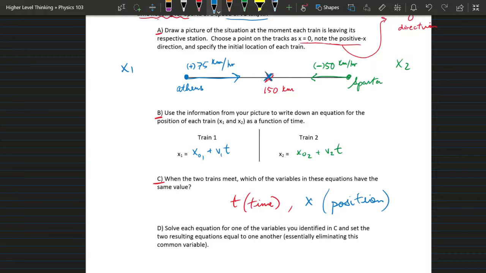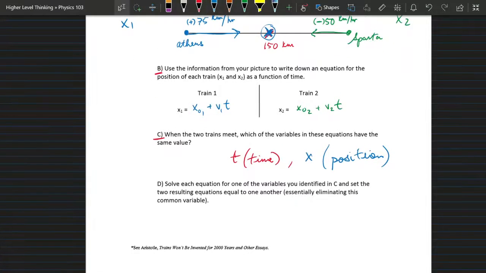So let's say that this is the crossing point for both of these trains. This is the same position along this x-coordinate plane, which is 150 kilometers long. So now solve each equation for one of the variables we identified in C and set the two resulting equations equal to one another.